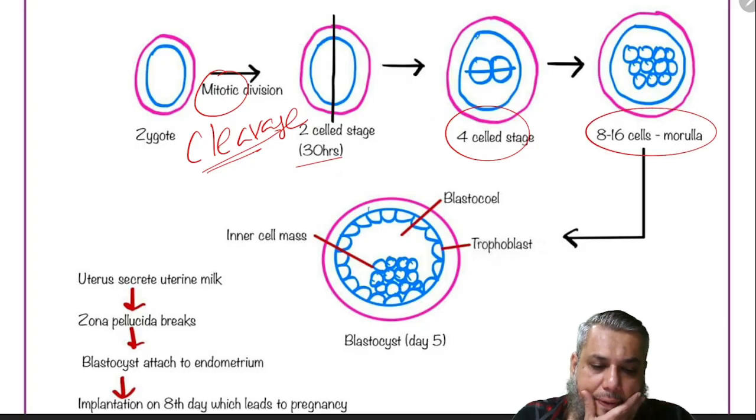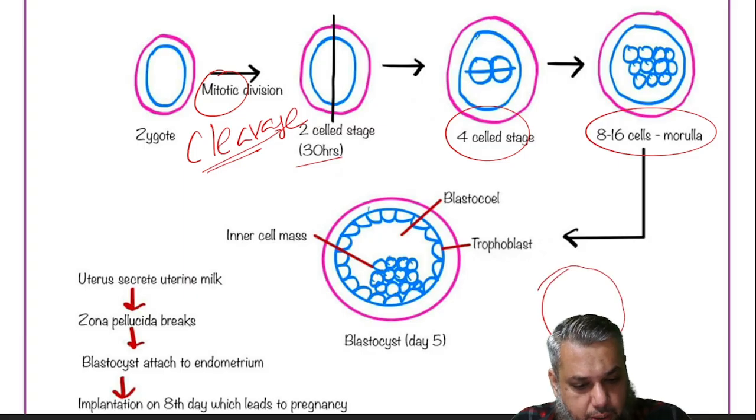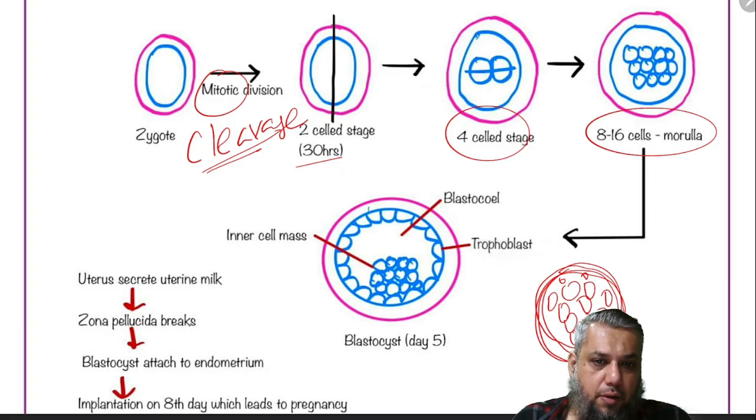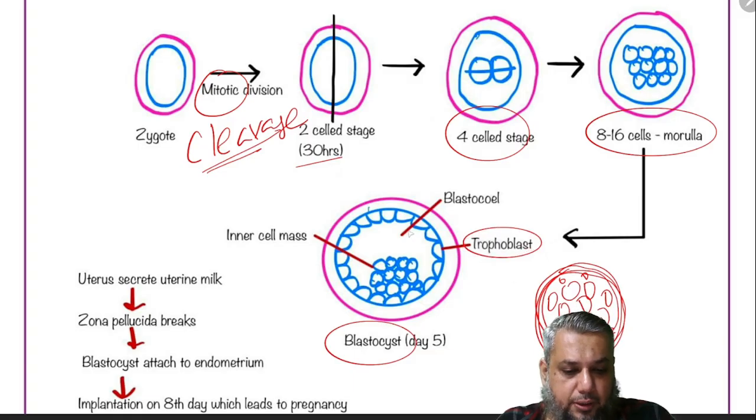Now the cells of the morula get rearranged, resulting in the formation of an outer layer of cells and an inner layer of cells. These cells, when they reach the uterine wall, absorb the uterine fluid, resulting in the formation of the blastocyst, where the outermost layer of cells we will call the trophoblast, and the cavity that is formed is called the blastocele, and the cells get attached to one layer of the trophoblast.